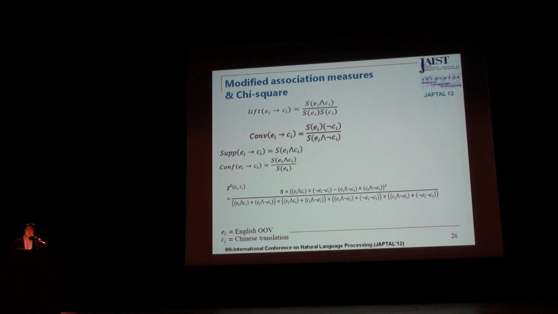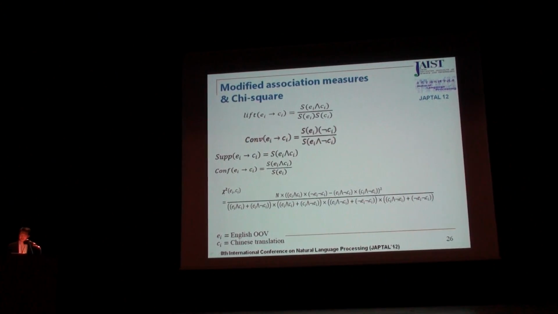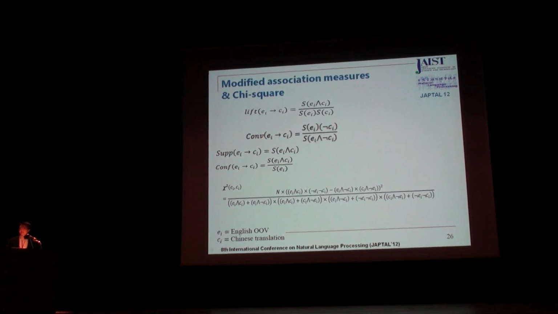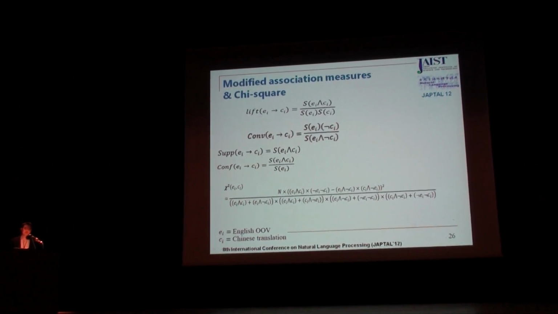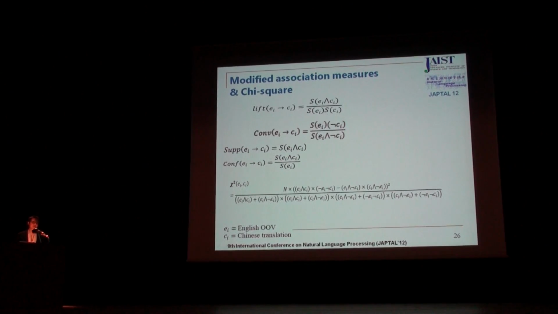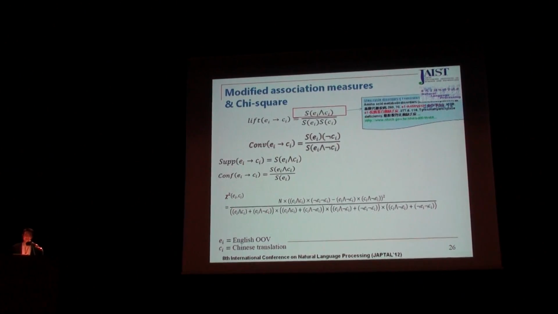For the modified association measure, the difference is that we query certain features back to the internet to get the web statistics. However, the web search engine does not provide the total number of web pages in the world, so we can only assume how many web pages there are.